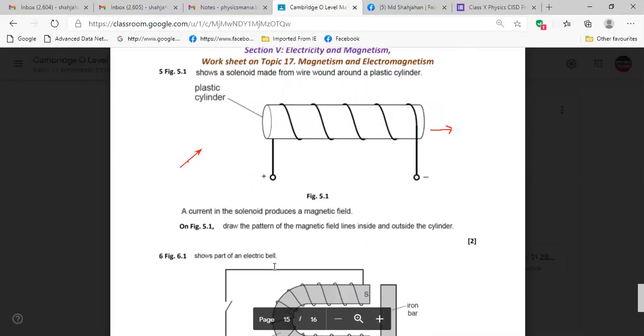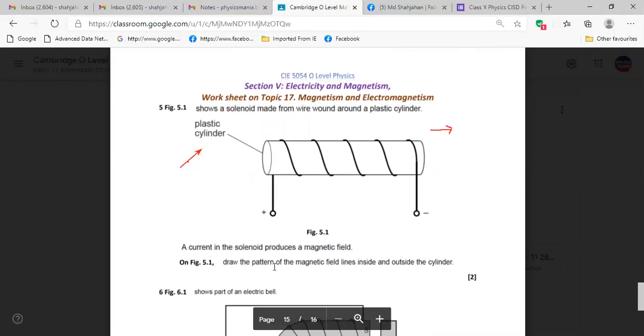Then question 5. Figure 5.1 shows a solenoid made from wire round a plastic cylinder. A current in the solenoid produces a magnetic field. Draw the pattern of the magnetic field lines inside and outside the solenoid. Now you can do it, right? Where will be the North Pole?